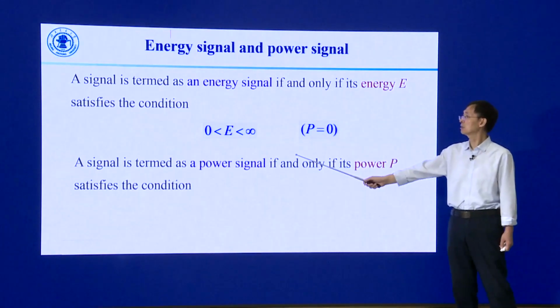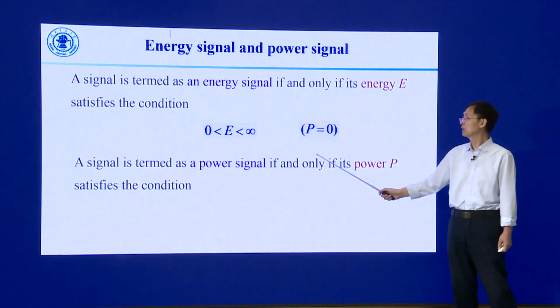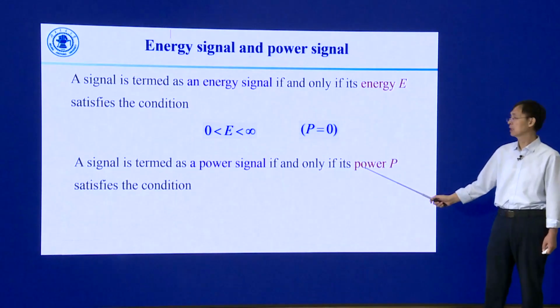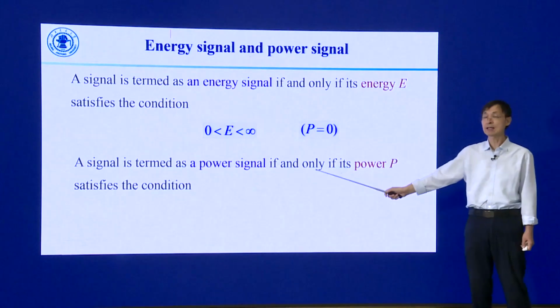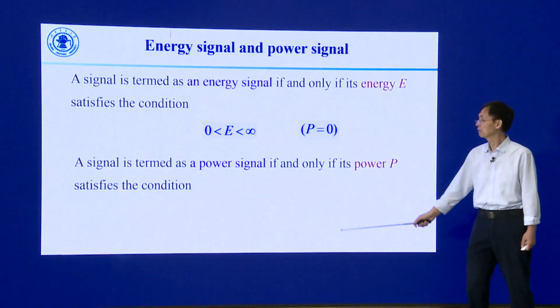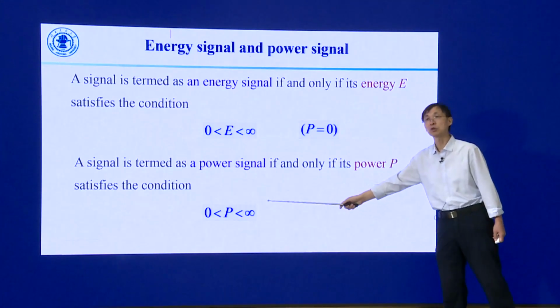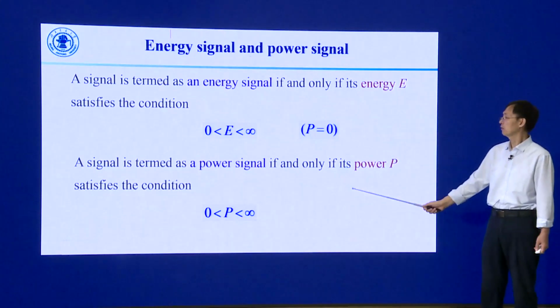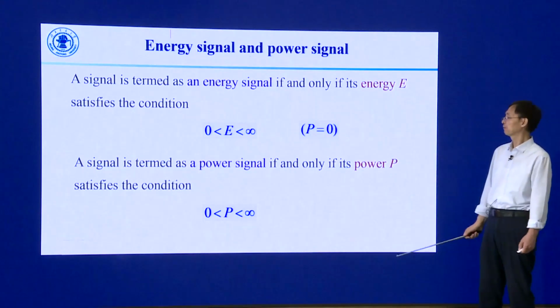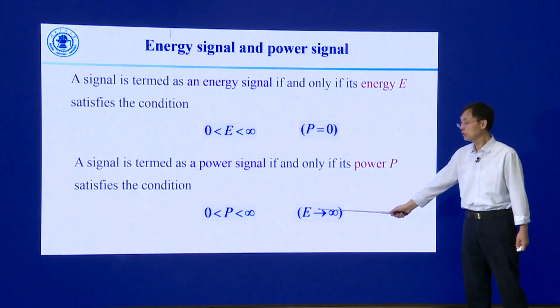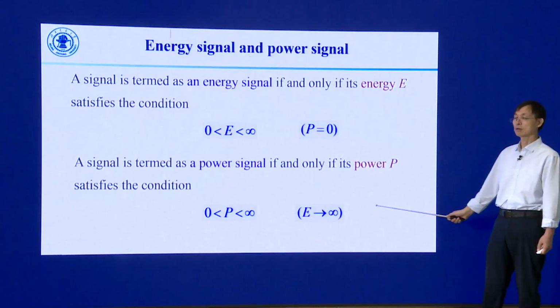A signal is termed as a power signal if and only if its power P satisfies the condition. The power should be a finite value. The E should be infinite.